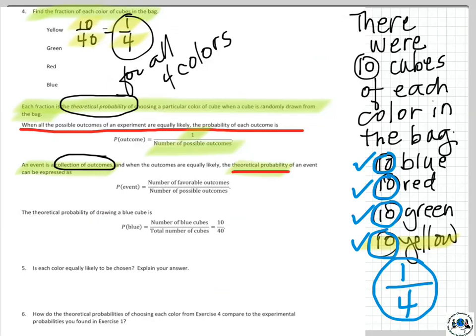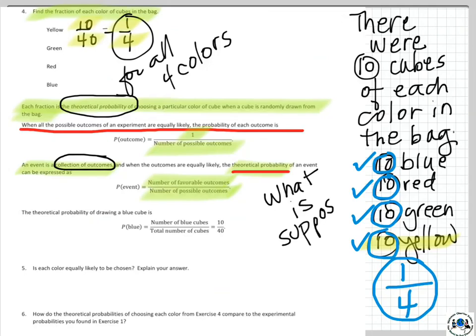Okay. Now, an event is a collection of outcomes, and when the outcomes are equally likely, the theoretical probability of an event can be expressed as the number of favorable outcomes, very important word there, over the number of possible outcomes.